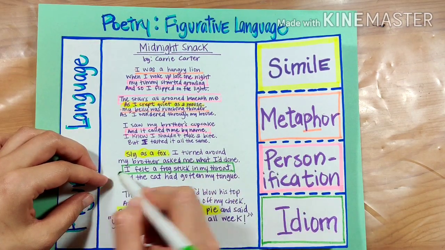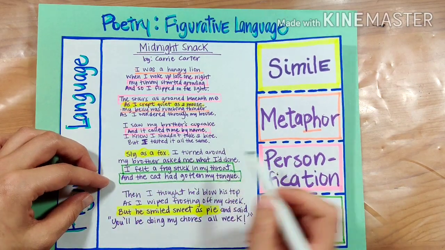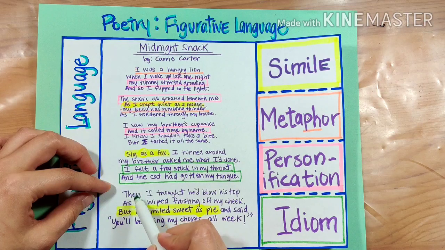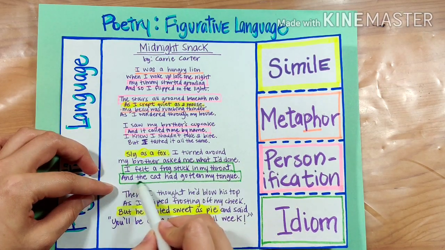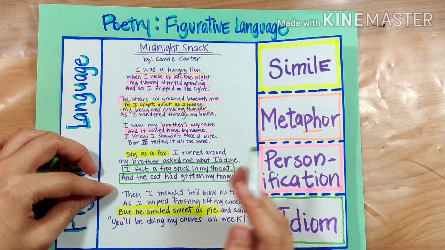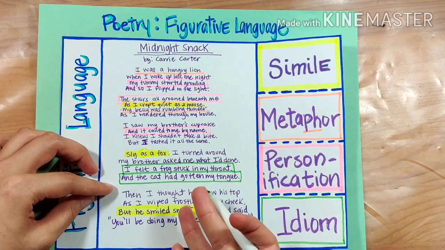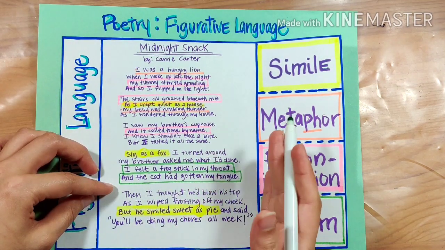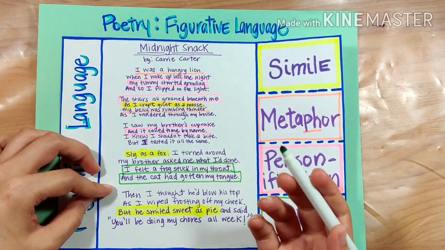Well, there's one right here, right underneath it, and this one says, and the cat had gotten my tongue. Okay, again, was there an actual cat holding the narrator's tongue? I mean, really try to picture that. That would look really weird, wouldn't it? So no, there's no cat here.